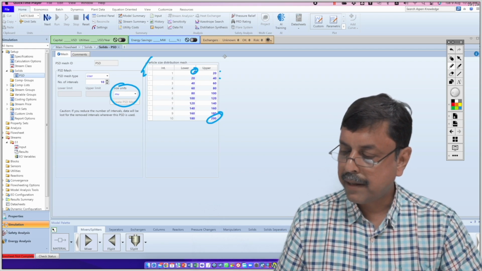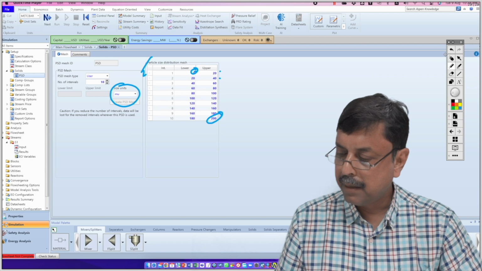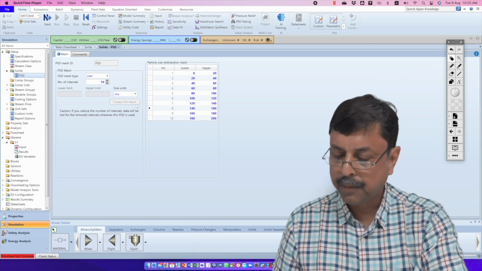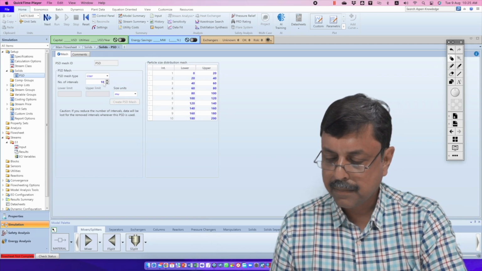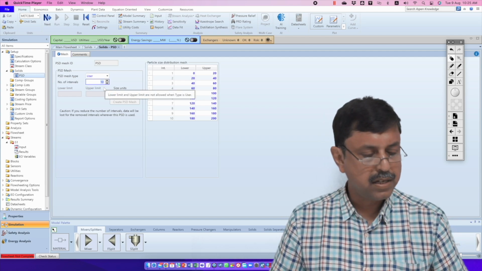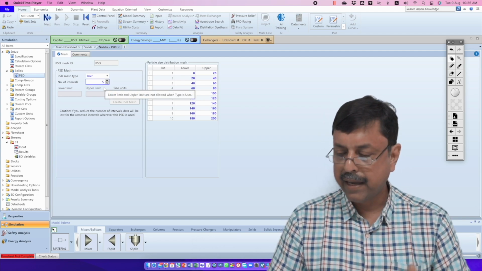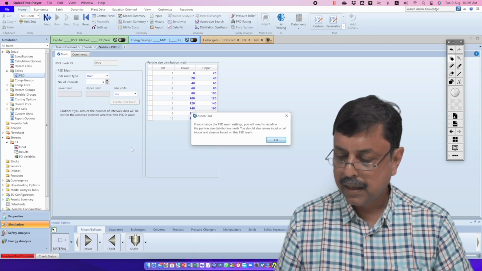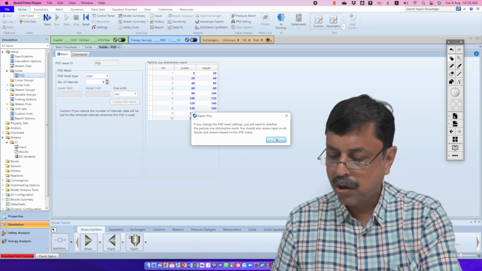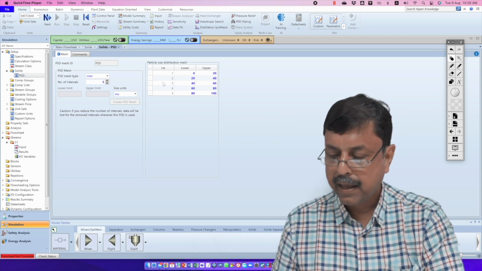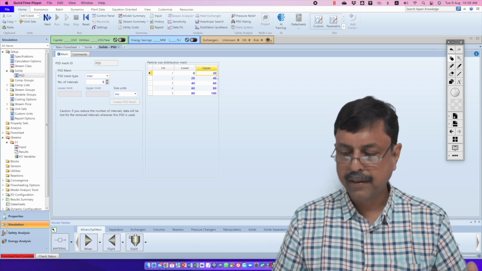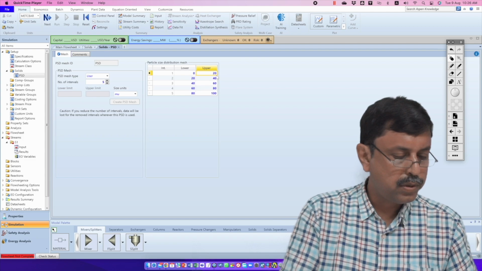Aspen Plus gives you that liberty. If you say that I have say 5 intervals, you choose 5, immediately it will reduce from 10 to 5, and then you can say my first size is say 0 to 10.